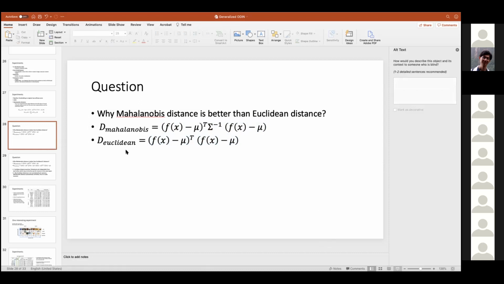Okay. So my understanding is that if we use Euclidean distance, we didn't consider the difference between the metrics, right? Like if we want to calculate a distribution of body heights and another distribution of body weights.